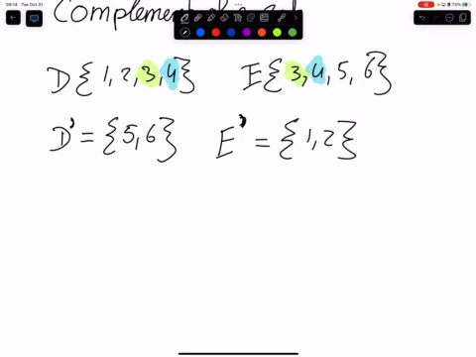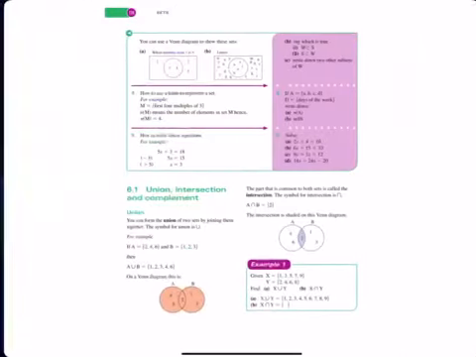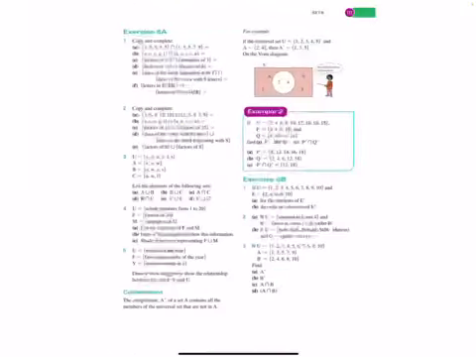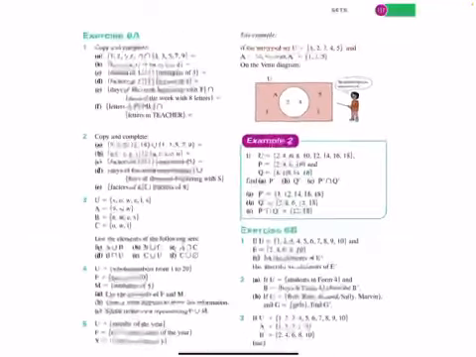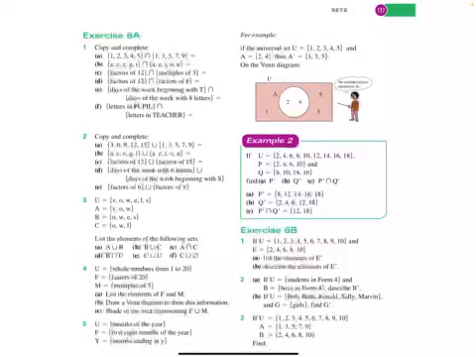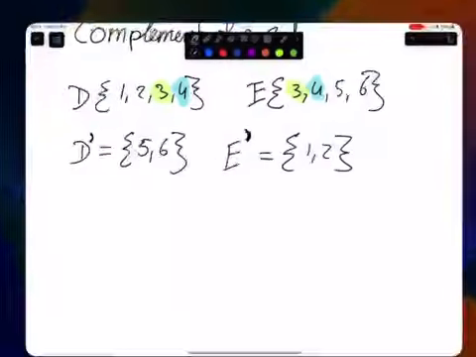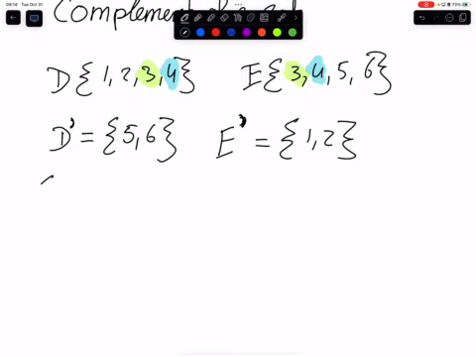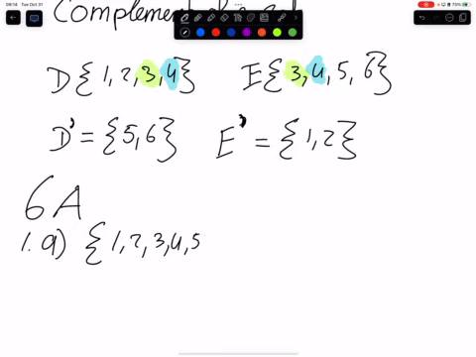As we proceed, wait, I think I have an exercise. Yes, 6A, 1A and 2A. I have two sets, 1, 2, 3, 4, 5, and another set.